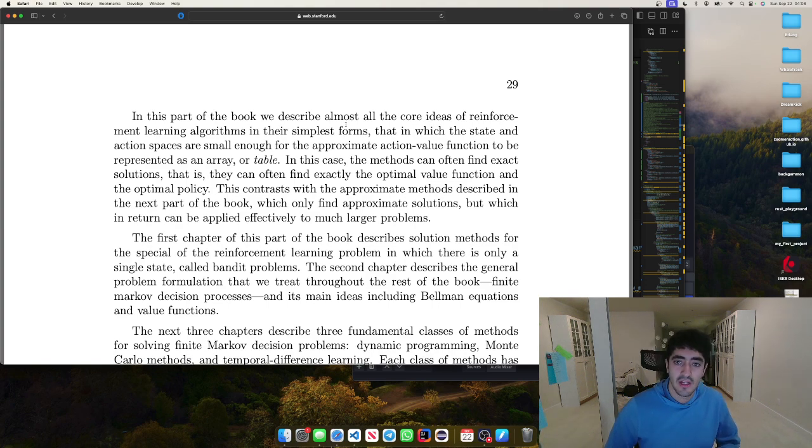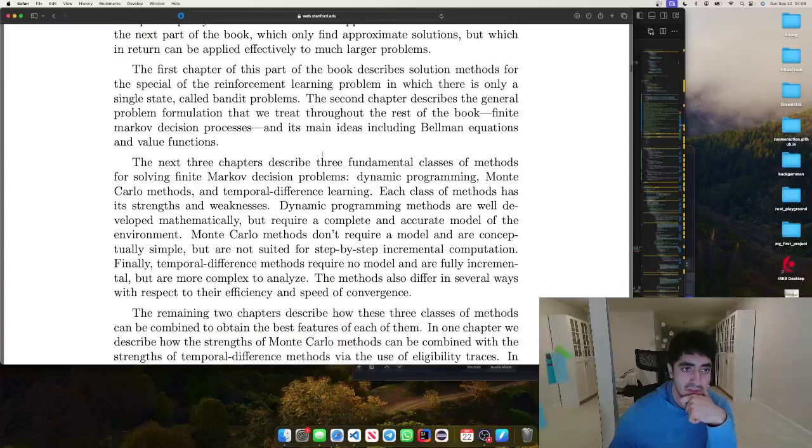In this case, the methods can often find exact solutions, that is, the optimal value function and the optimal policy. This contrasts with the approximate methods described in the next part of the book, which can only find approximate solutions, but which in return can be applied effectively to much larger problems.